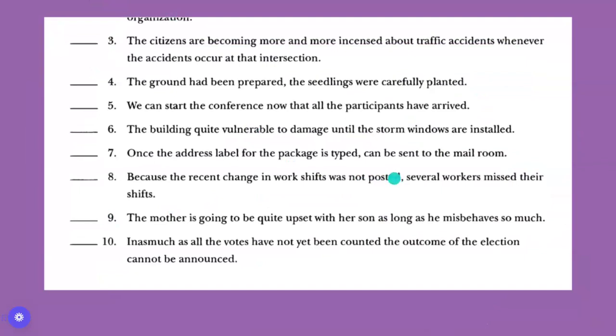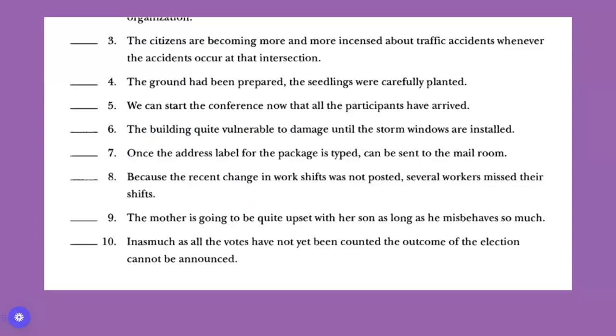Number 8, Noemi. If you see we have a comma here, that means the connector will be at the beginning of a sentence. Do you see any connectors at the beginning of a sentence? Yes, teacher, at the beginning. Is this sentence correct or incorrect?